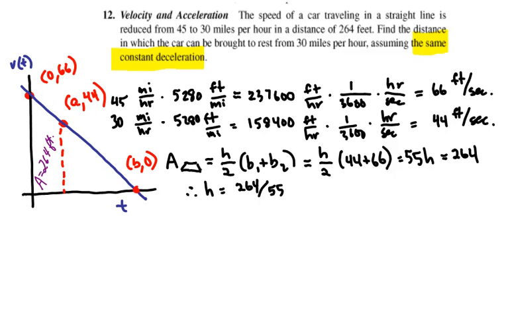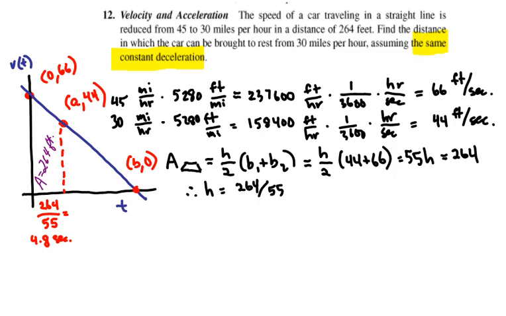So we've figured out, first of all, that the time between when it's first clocked at 66 feet per second to when it is clocked at 44 feet per second with a constant deceleration was 264 over 55, which comes out to be exactly 4.8 seconds.